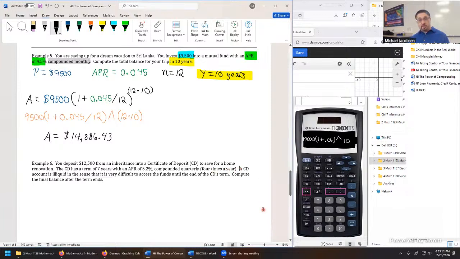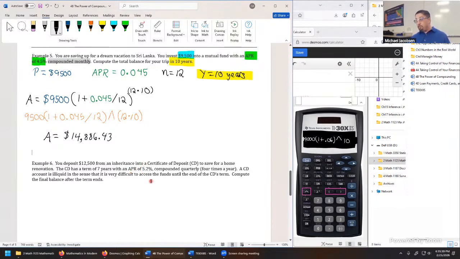And just for a quick definition, CD accounts are considered illiquid in the sense that it is very difficult to access funds until the very end of the term. So we're trying to give almost a guarantee to the bank. We're not going to touch that money. They're free to do whatever they do with it, invest it somewhere, essentially trying to make more money than what they've assured us from their APR.